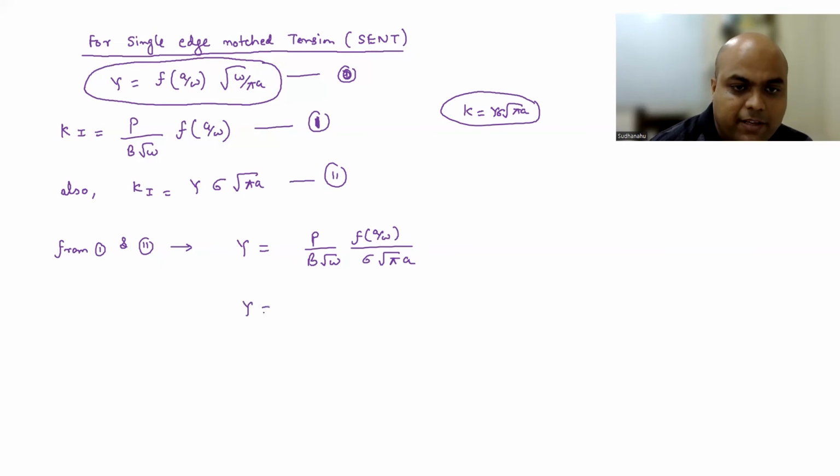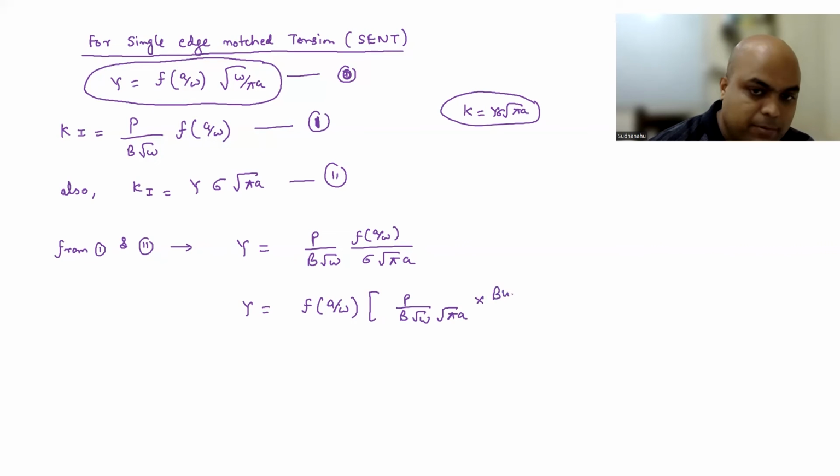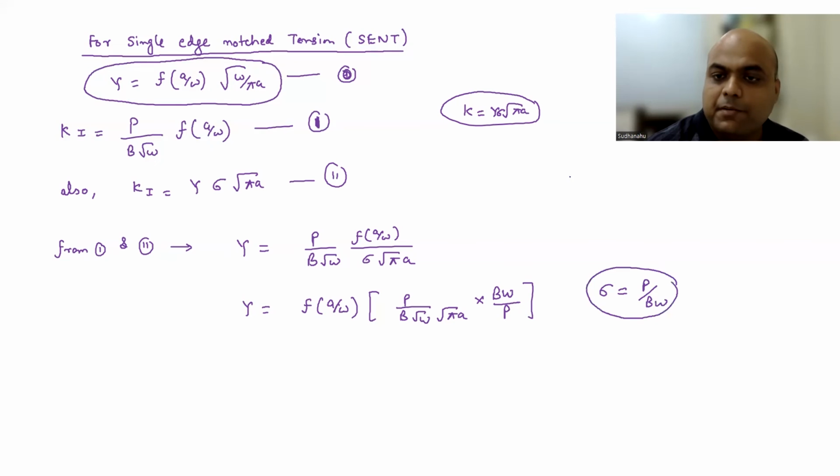Or we can write Y equal to F(a/W), and then P by B root W, then root pi a, then we are writing BW by P, where sigma is P by BW. You remember SENT looks something like this?